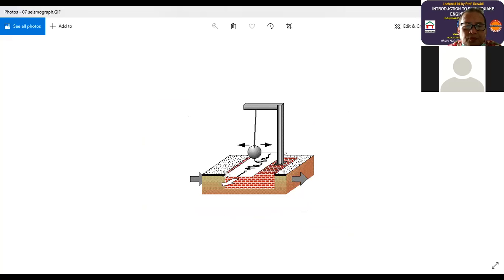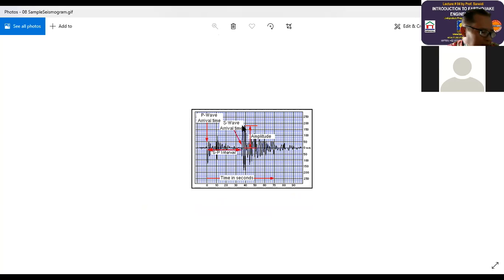So the paper here is moving, and the ball here has a pen with ink, a pointed end, and because of moving back and forth, and the paper moving, there is a form of recording. If you can see here, the recording could be here.